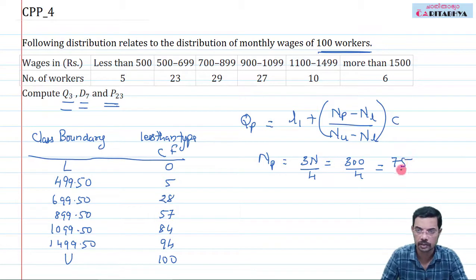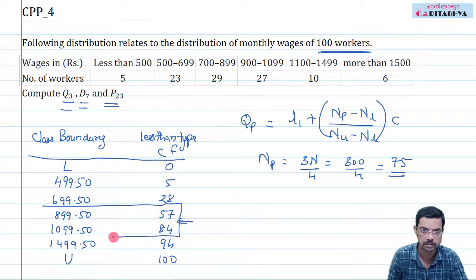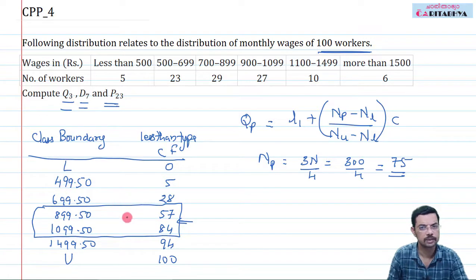Let us observe where this NP lies in the cumulative frequency curve. 75 lies somewhere here. So we shall focus on this region. As we did in median, this is the quartile class, the third quartile class, or the class containing the third quartile. So here this is L1. Let me take a different color.